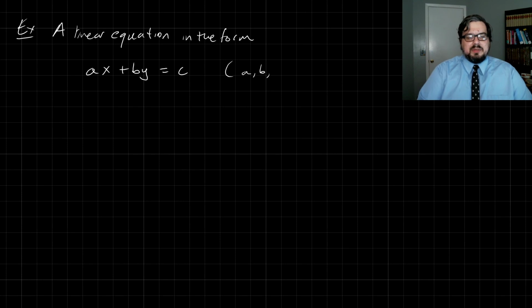A linear equation in the form ax plus by equals c, where a, b, c are constants, is said to be in general form.